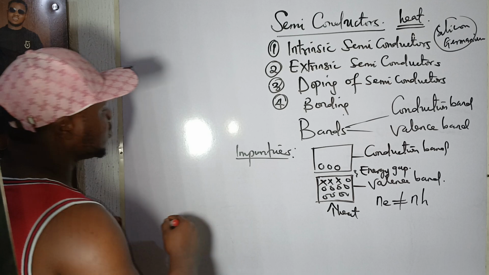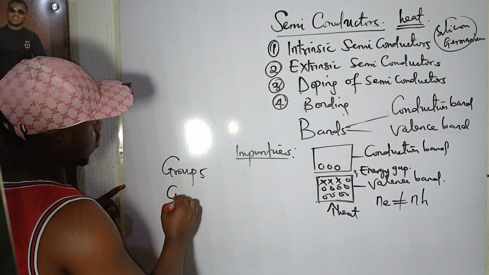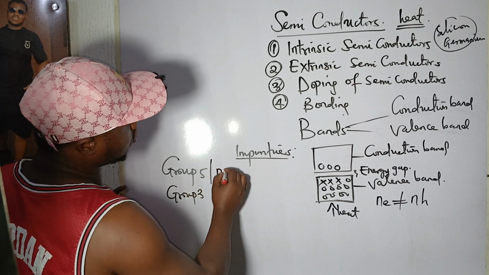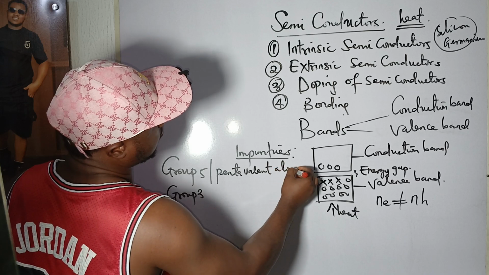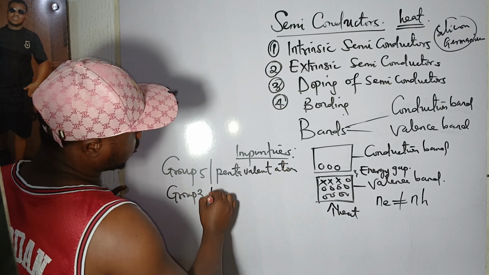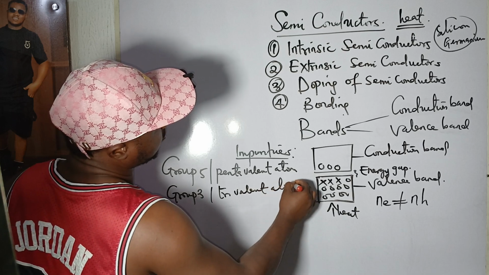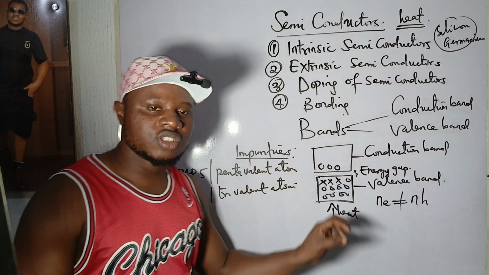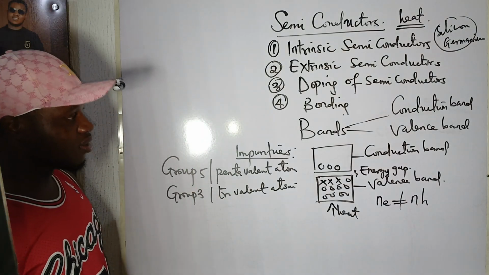These impurities can come from either group 5 or group 3. Group 5 can also be called pentavalent atoms. Then group 3 can also be called trivalent atoms.